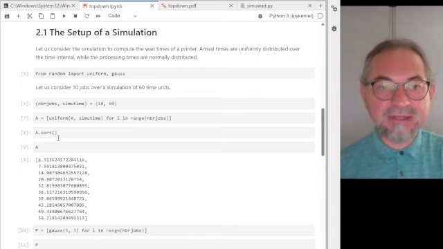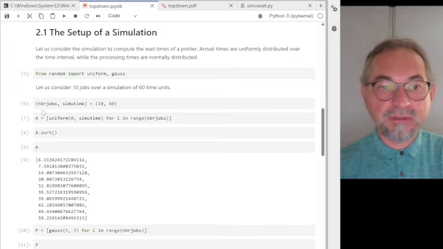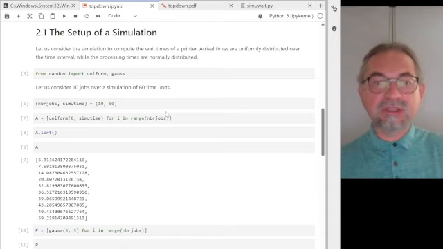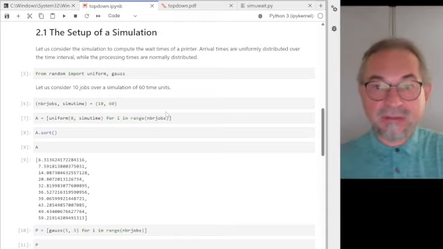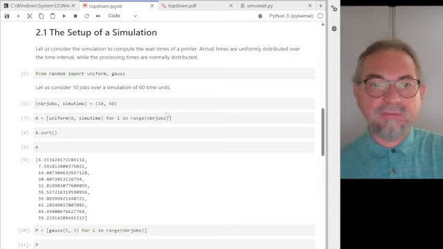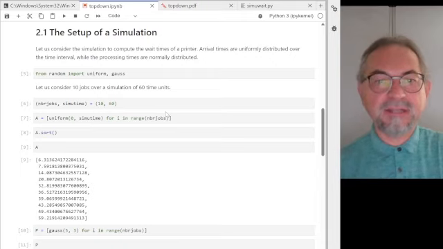So here you see an example of the input. For the critical parameters, number of jobs is 10, and the length of the simulation interval is, say, 60 time units. Here I'm thinking about 60 minutes now, 1 hour. But you could also think about 24 or 8, which is the 8 hours in a working day.